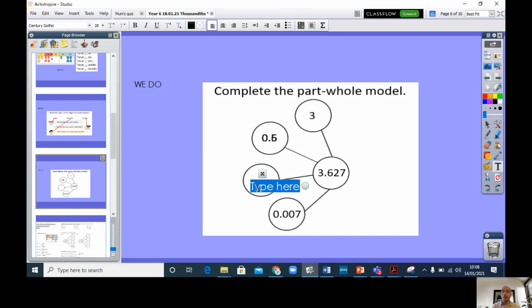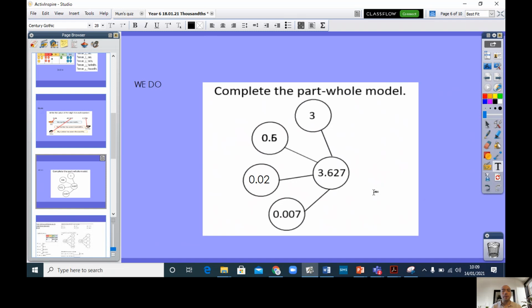So what number am I missing here? Well, I can see that I am missing the hundredths column. So because I'm missing the hundredths column, I need to put 0 point, it's not a tenth, it is a hundredth. So I've got 0.02, and then that makes up our whole number.